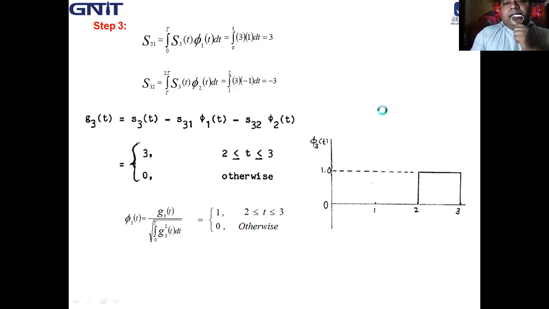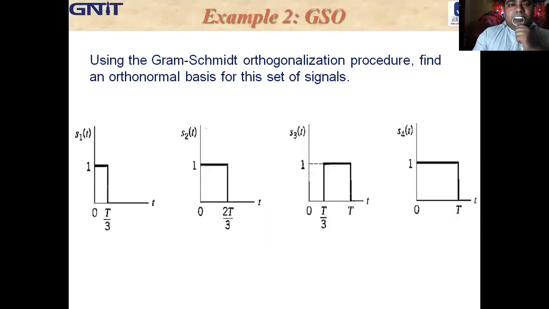Now we move to another problem to discuss the issues of GSO. The problem is: using the Gram-Schmidt orthogonalization procedure, find an orthonormal basis function for this set of signals.